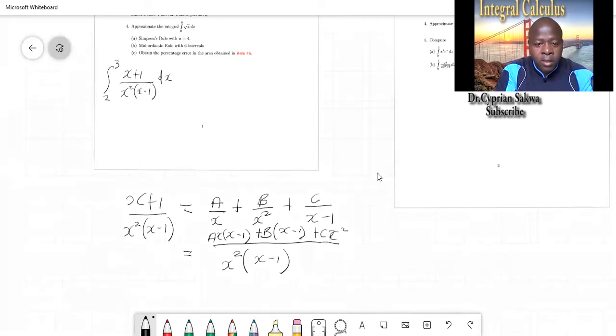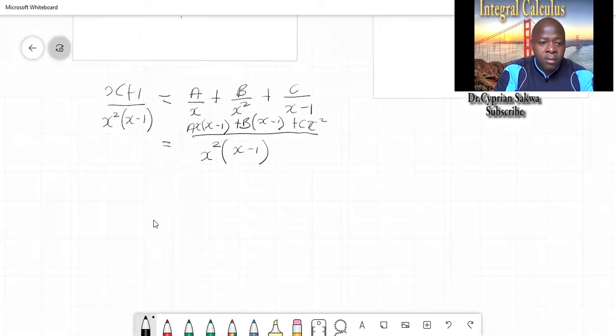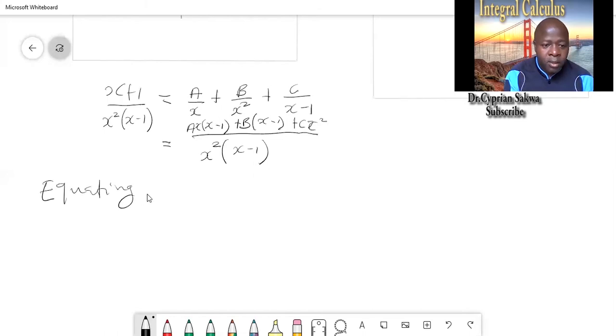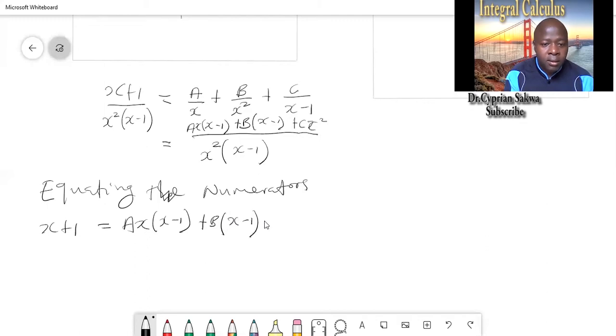What follows is that we equate the numerators. So equating the numerators, on our left side we have x plus 1, and on our right side we have ax into x minus 1 plus b into x minus 1 plus c x squared.